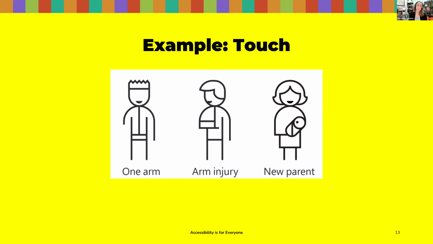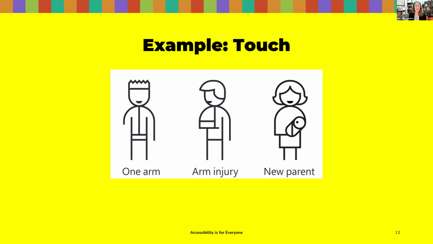So if you have an arm injury and your arm is in a sling and you aren't able to use a keyboard and mouse like you were. I know that this happened to me about 5 years ago when I went through shoulder surgery. My whole right arm was out of commission. I couldn't drive and I had to change my mouse to be left-handed. I certainly couldn't write. So that was a temporary disability for me.